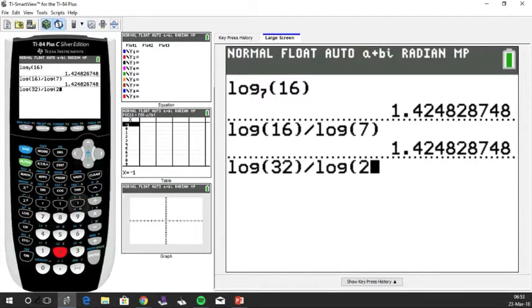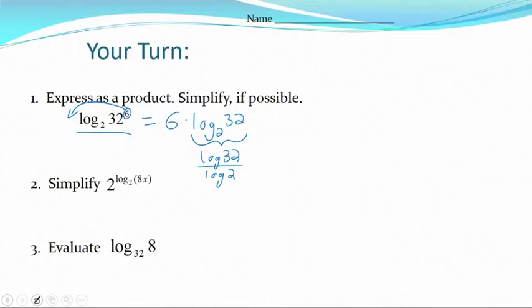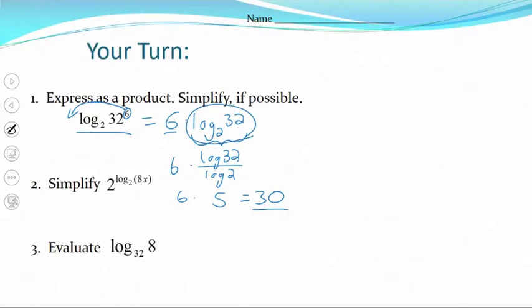Log of 2, and it equals 5. So that logarithm equals 5. So don't forget the 6 is still there. So really, it's just 6 times 5. So the answer is 30. Okay, so it did take a little bit of finagling, but all we really did was move the exponent to the front and then use the change of base formula to evaluate my logarithm. And I saw that this became a simple 6 times 5.